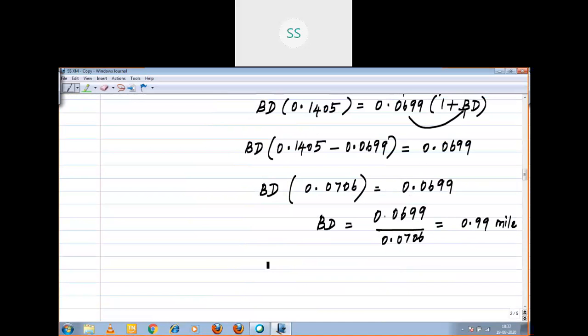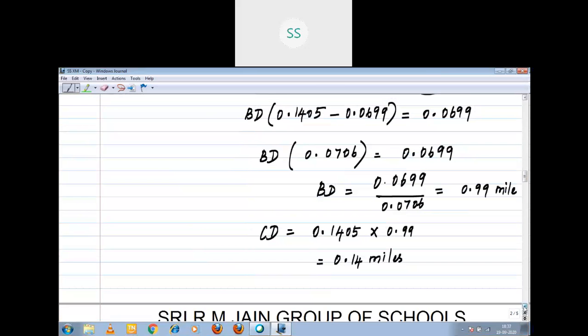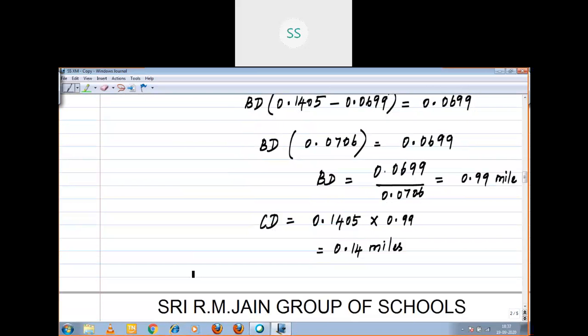But what they are expecting is the height of the peak, given the distance between the consecutive milestones. BD we arrived at, but we need CD.